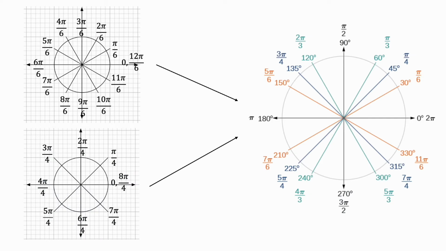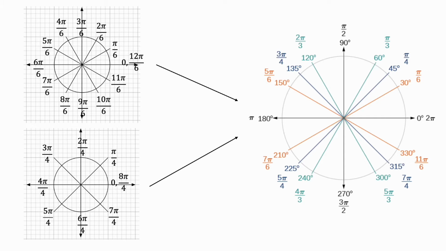Okay, so another thing we've got to get a handle on is radian measures and the unit circle. These are special angles that are used frequently, so it helps to actually know how this picture is created. It's really created with two types of circles with divisions.